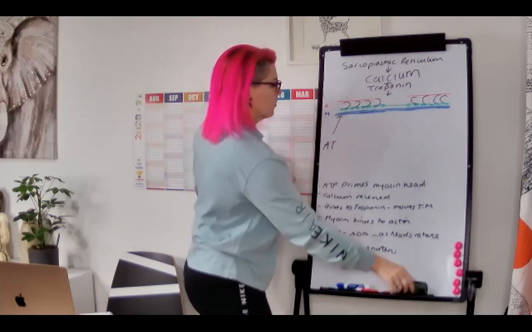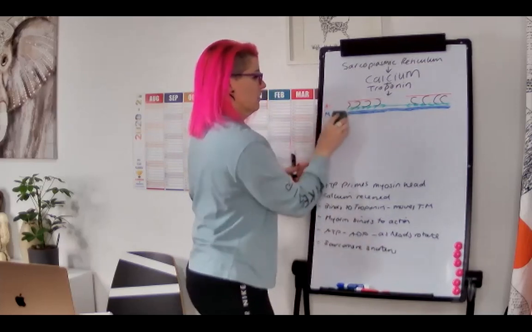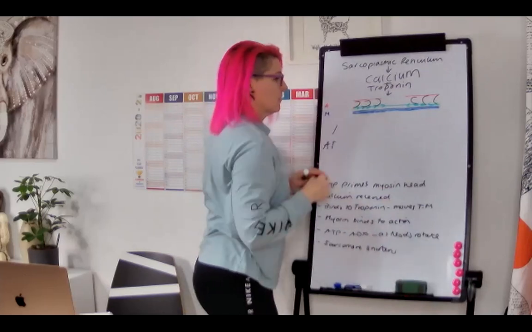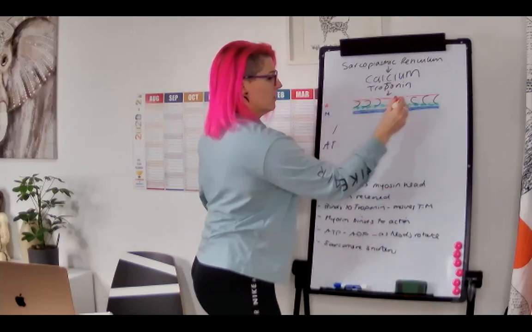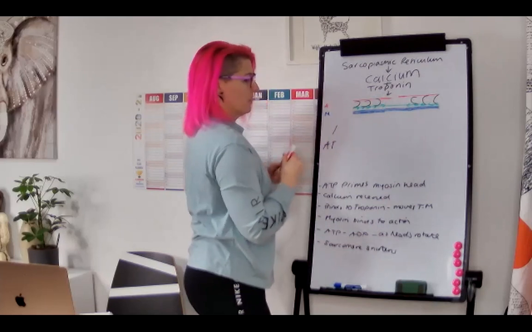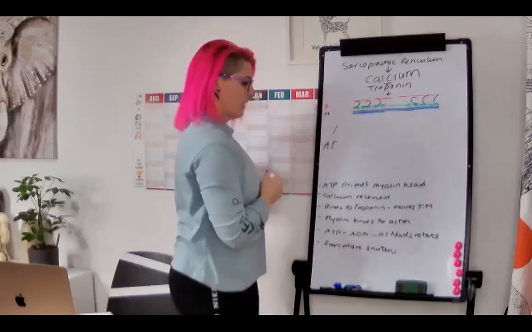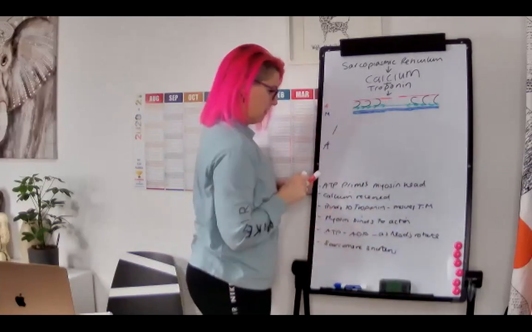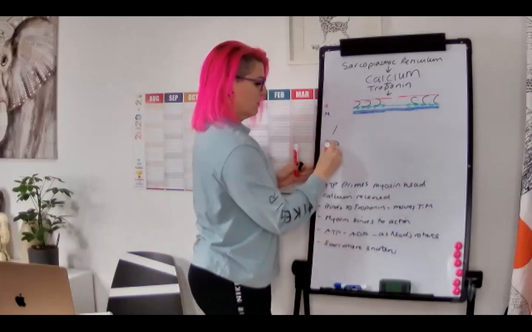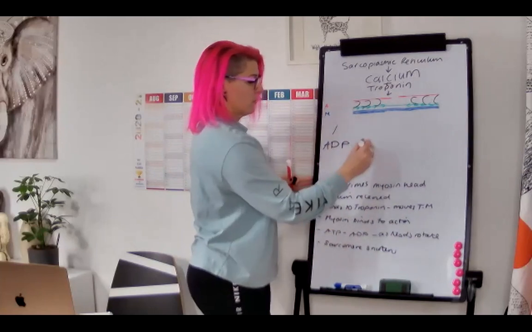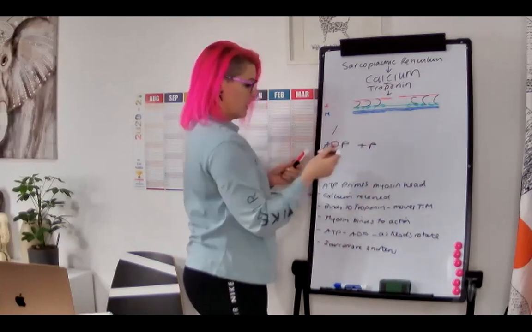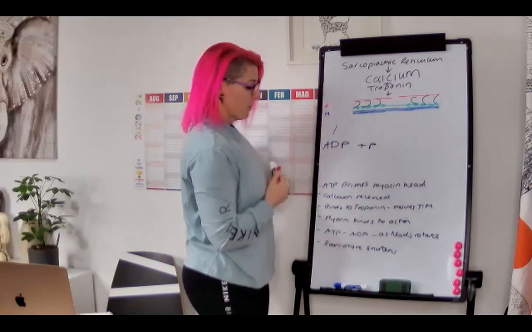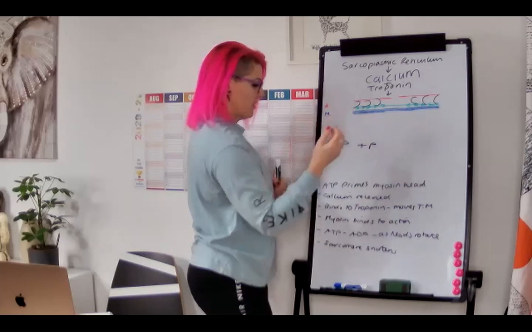And then essentially what happens is the sarcomere shortens as the actin moves in towards one another. So we have that shortening of that sarcomere. And then we're actually left here with ADP, which we know we have to resynthesize that phosphate, which is then going to release the muscles, the fibers away from each other. So very complicated.